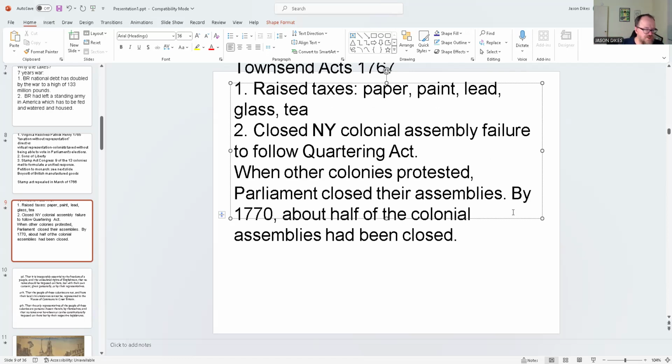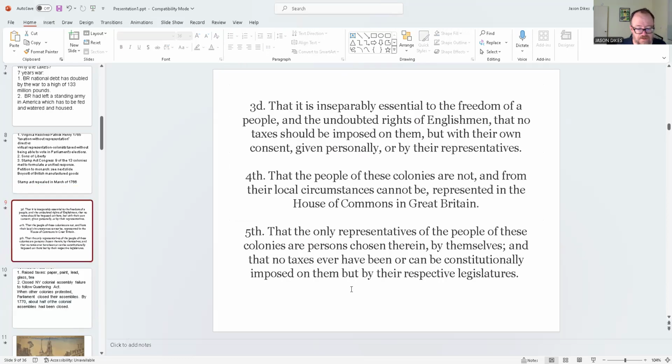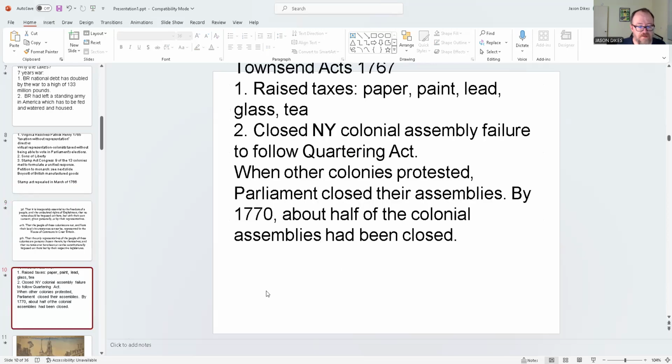Both sides have really sort of dug their heels in and are refusing to give up. And it will be an explosion of violence that finally brings things to an end as far as the Townshend Acts go.